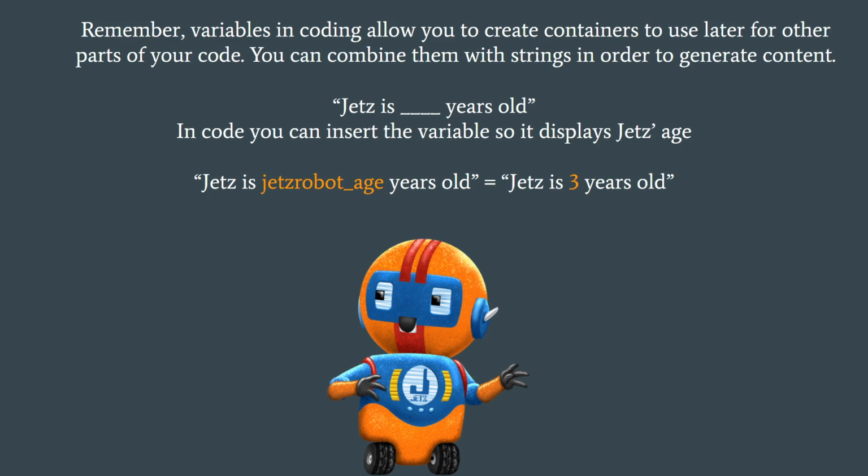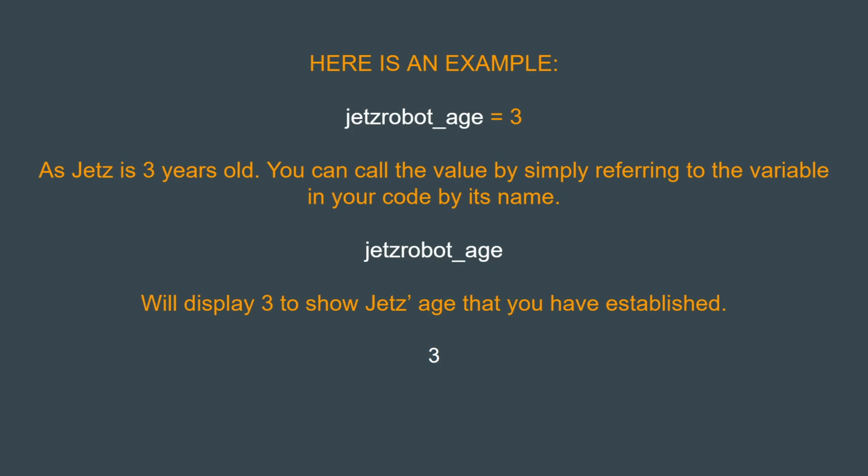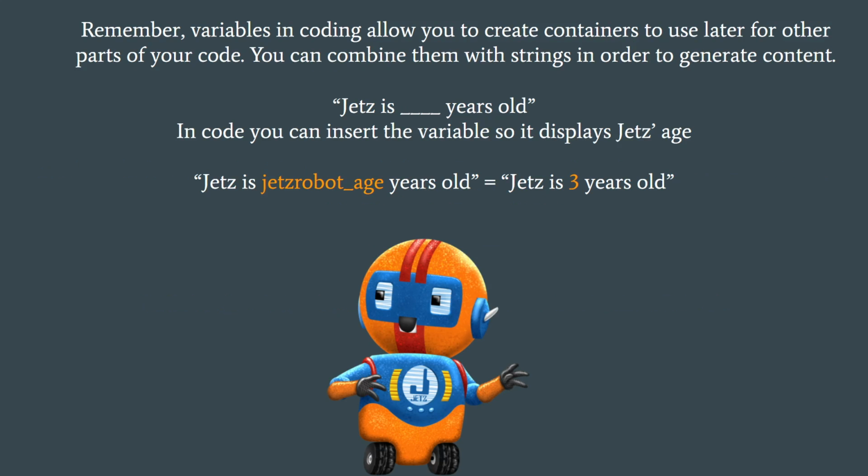So Jets is such and such years old. And in code you can insert the variable so it displays Jets' age. So instead of putting the 3 in, we can put Jets is Jets_robot_age years old. And what you get back is Jets is 3 years old, because that's the value, if you remember, that we gave it. So now it just takes the place of it. So it basically switches it out.